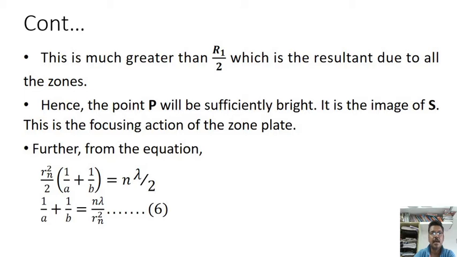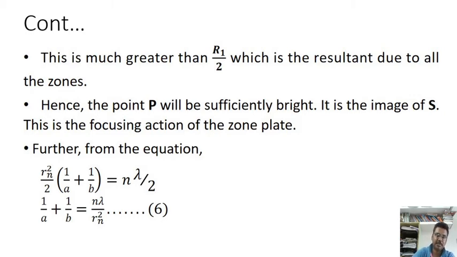This is much greater than R1 by 2, which is the resultant due to all the zones. Hence, the point P will be sufficiently bright. It is the image of S. This is the focusing action of the zone plate.